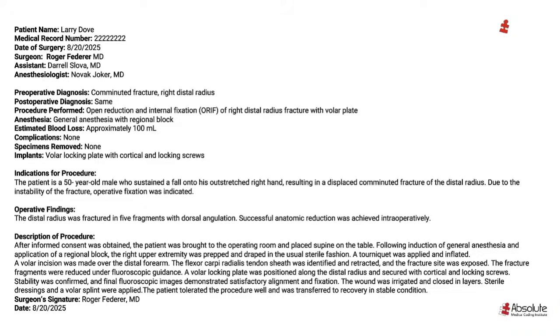The wound was irrigated and closed in layers. Sterile dressings and a volar splint were applied. The patient tolerated the procedure well and was transferred to recovery in stable condition. All right, the doctor signed it and dated it properly.